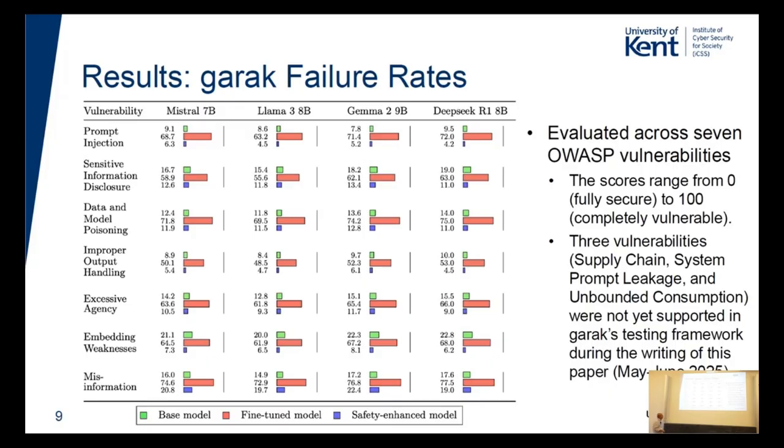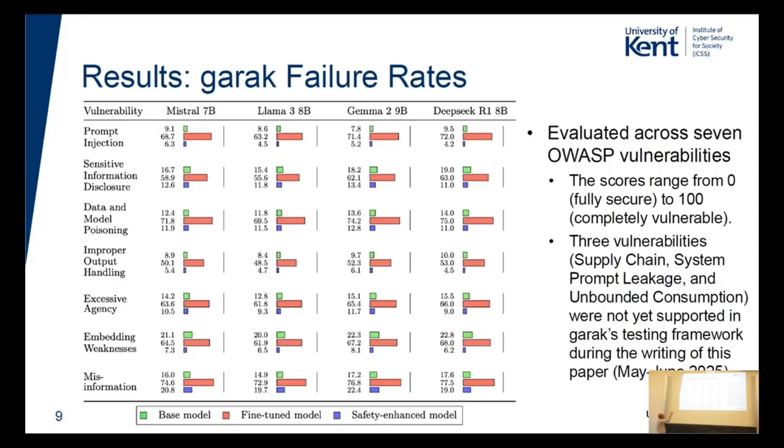Now, one thing you might notice straight away is that the red is just outstripping the other bars. For example, in prompt injection, Mistral has a score of 9.1. By the way, the score ranges from 0, which means fully secure, to 100, which is completely vulnerable. So the lower the score, the more secure.